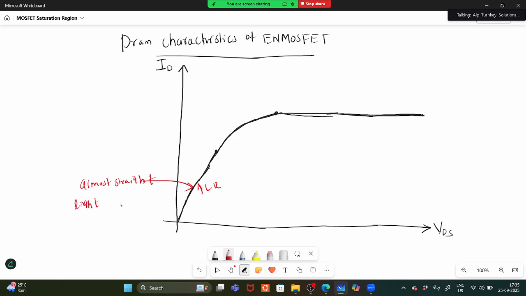The slope is proportional to VOV, which is the overdrive voltage.